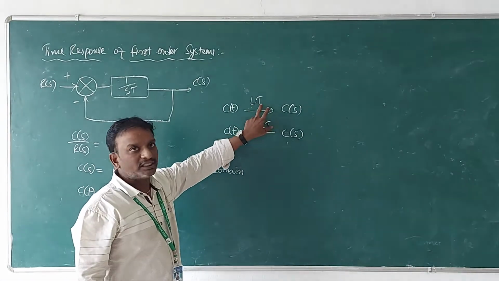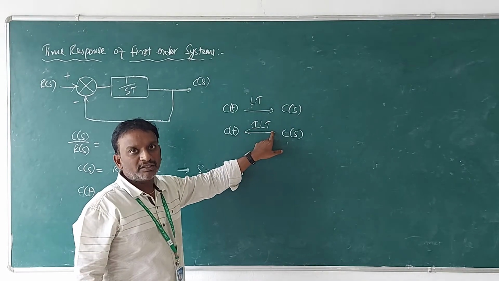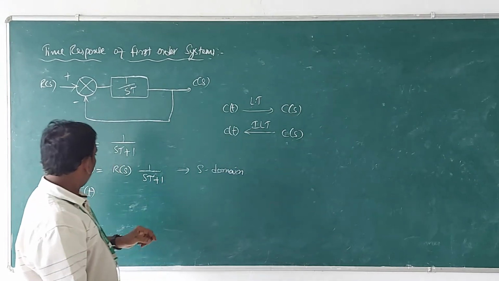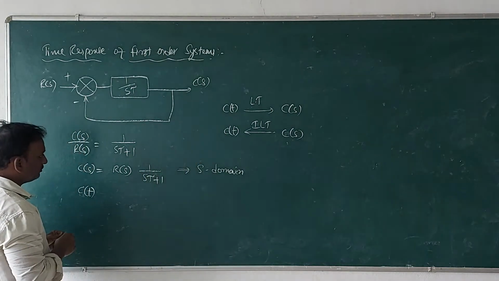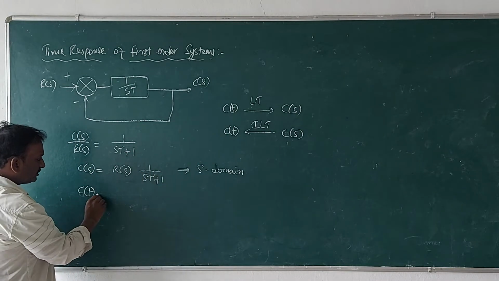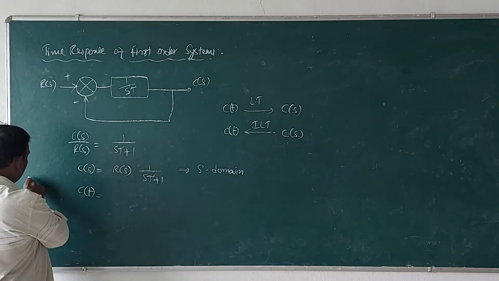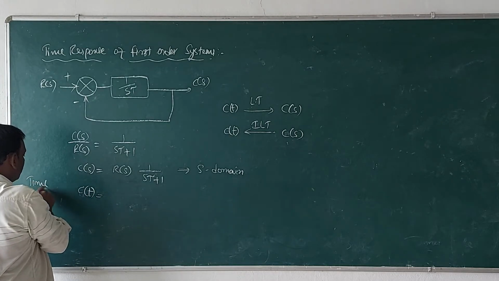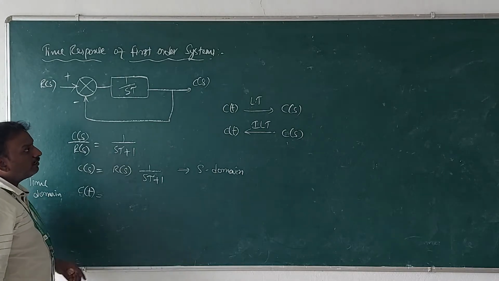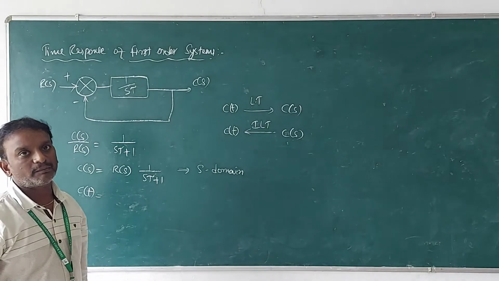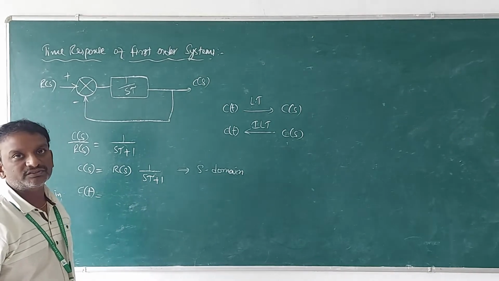LT means Laplace transform, ILT means inverse Laplace transform. Clear? Then only I get the equation C of t in the time domain. So in order to obtain the time domain, we have to apply the inverse Laplace transform. All of you must remember this.